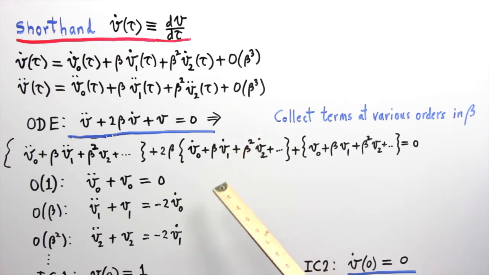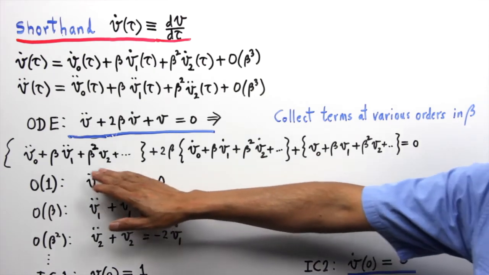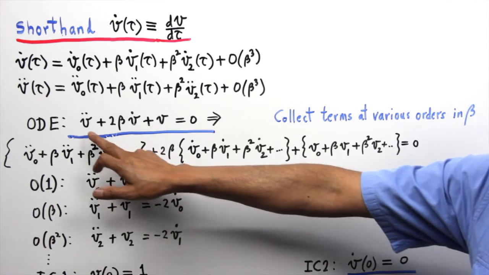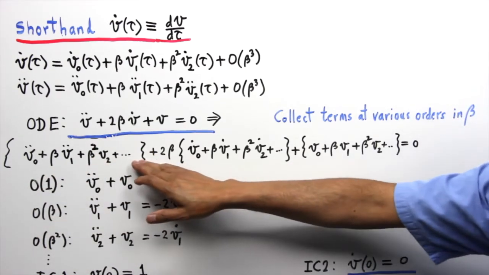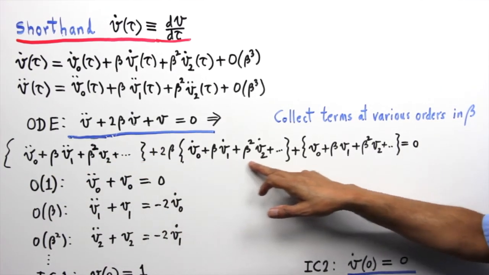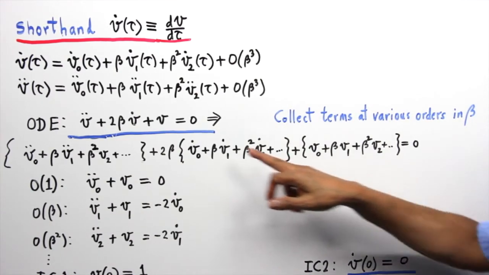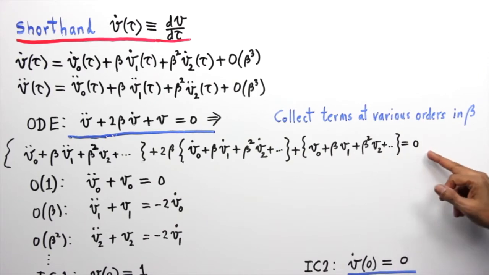So let's proceed in that path. So this group of terms here is the expansion of the second derivative. V double dot is expressed here. 2 beta times, this is an expansion for V dot. And then finally, this is the third term in the equation written here, equal to 0.